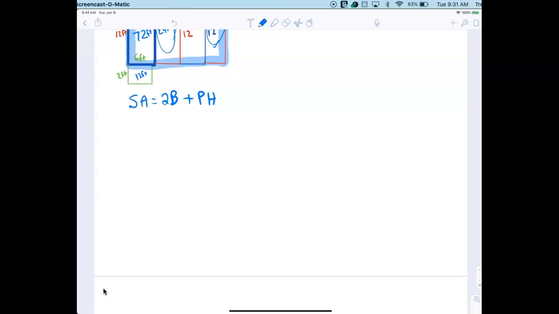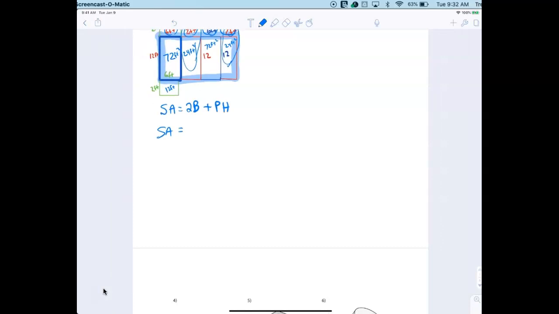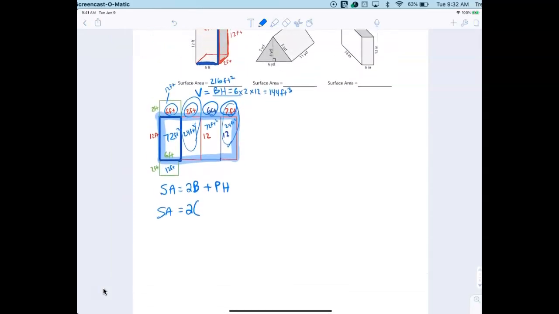All right, so let's see if we get the same answer. So surface area is equal to, first thing I'm going to do is 2 times, and I want someone to tell me what the area of the base is. 12. If you don't know 12, raise your hand and say, I'm not sure why it's 12.